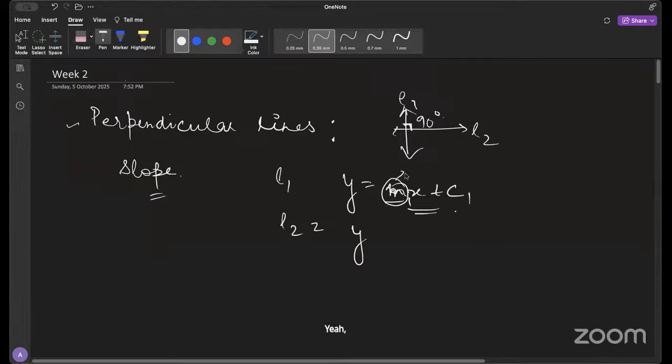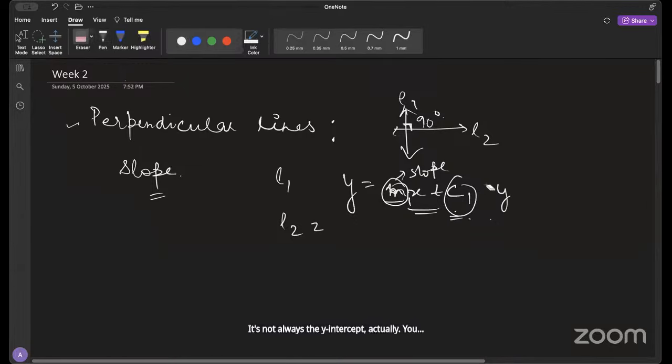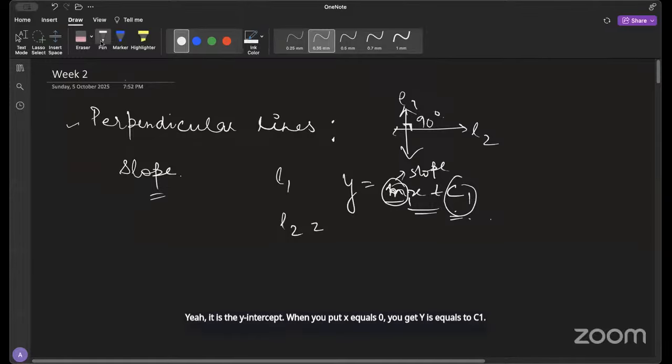This is the slope, and this is the y-intercept. When you put x equals 0, you get y equals c1. That's the y-intercept.